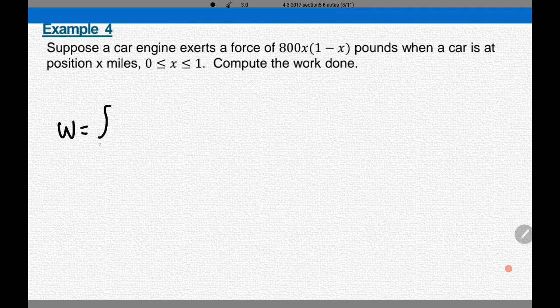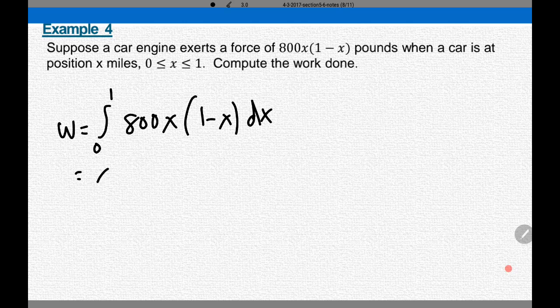Again, we've got the integral from 0 to 1 here. And then we've got our function, and we're going to just evaluate this integral. So let's pull that 800 out and go ahead and multiply the x in. So this ends up being x minus x squared with the dx.